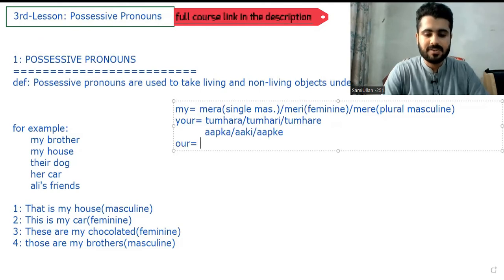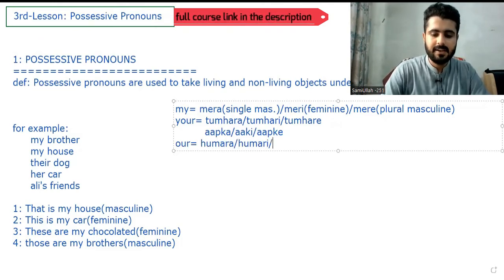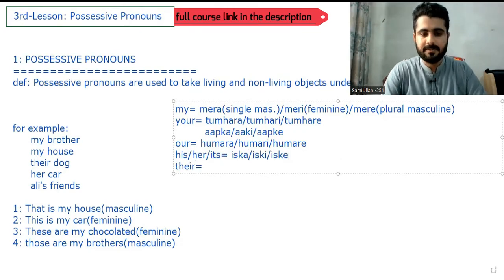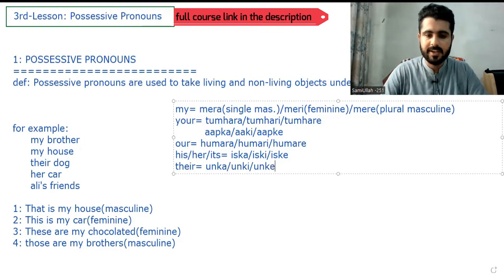Third possessive pronoun is our: hamara, hamari, and hamare. For his, her, and its, we have the same: iska, iski, iske. For the possessive pronoun their, we have unka, unki, unke.